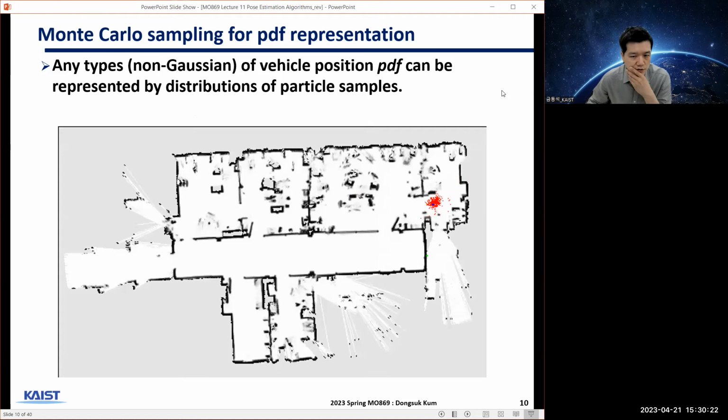And this is quite often used in robotics and localization problems. And this is an illustration of using a particle filter for a robotic system, an indoor robot localization problem.